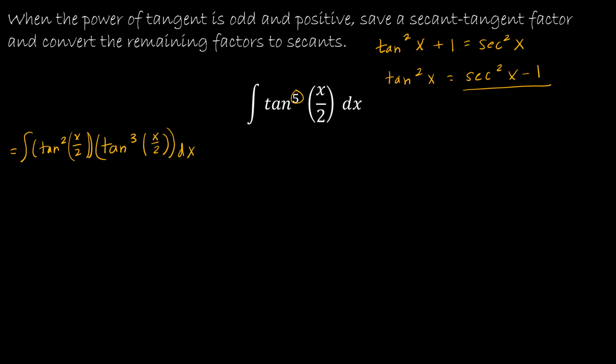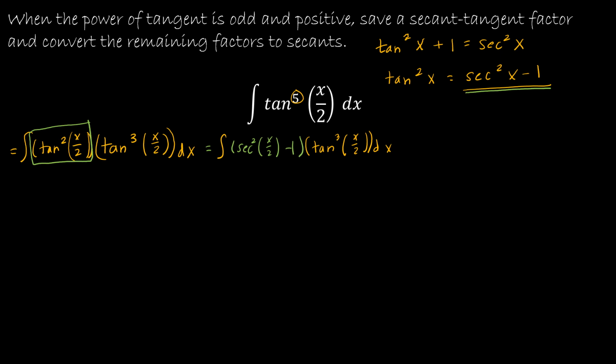So now I'm going to replace tangent squared of x over 2 with secant squared of x over 2 minus 1. So now I have the integral of secant squared of x over 2 minus 1, and I still have tangent cubed x over 2 dx.